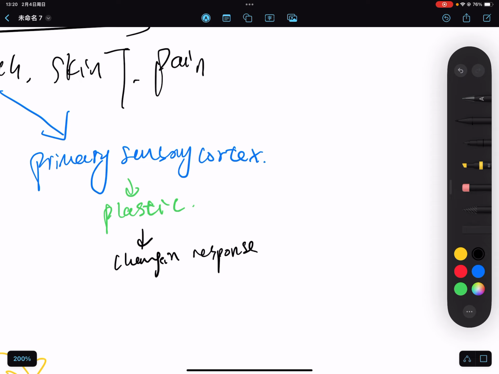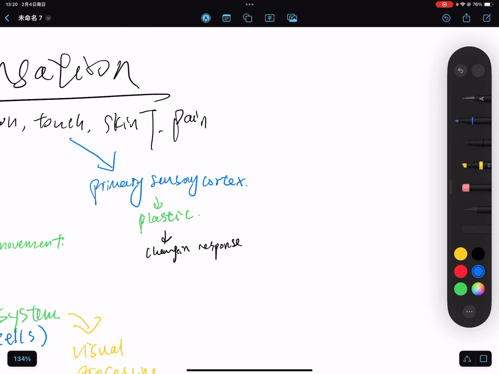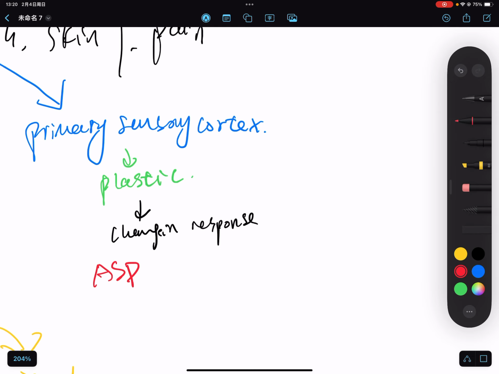Individuals with ASD who have really sensitive feelings towards touch will sometimes avoid touch.